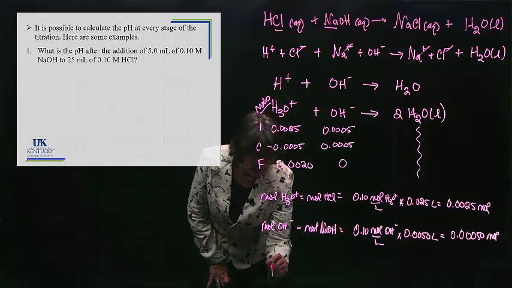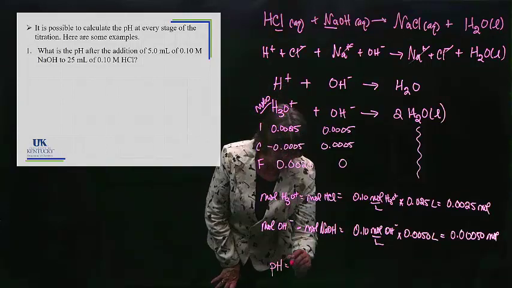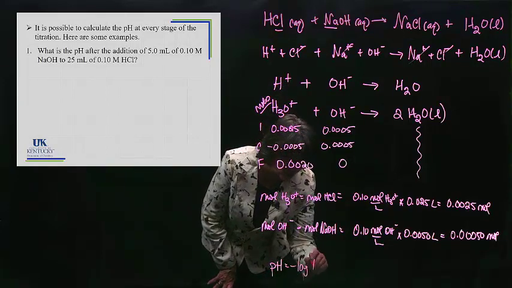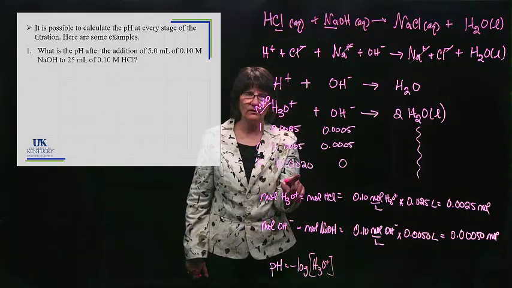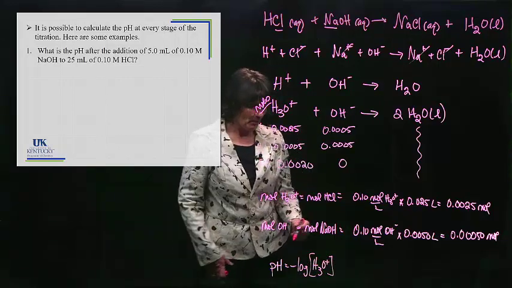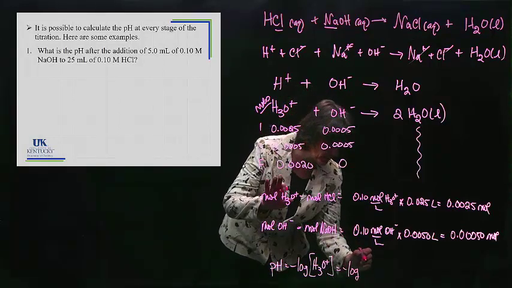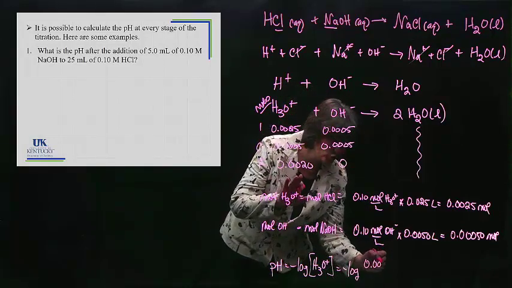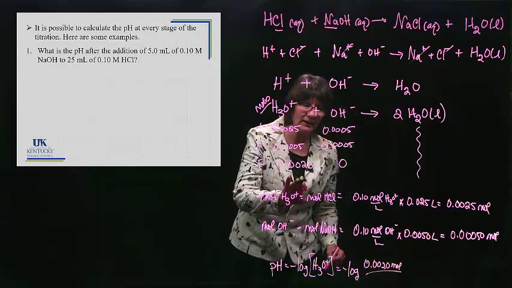This is not a buffer, so I'm not going to use the Henderson-Hasselbalch equation. All I need is the negative log of the H3O+ concentration. Is that what this is? No, this is moles. We need molarity. Molarity is moles, so I need that number, 0.0020, divided by volume in liters.